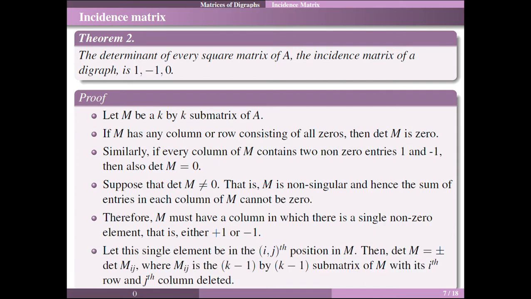Suppose we assume that this entry, either +1 or -1, is in the ijth position in M. Now expanding the determinant of M through this position, we get determinant of M equal to plus or minus determinant of Mij, where Mij is a k minus 1 by k minus 1 submatrix of M with its ith row and jth column deleted.